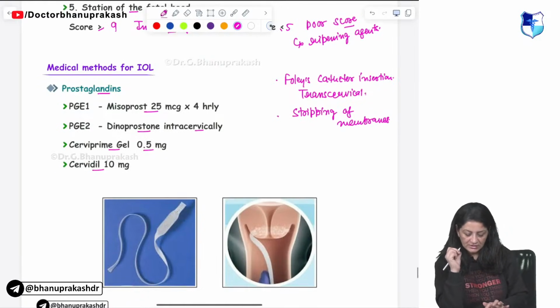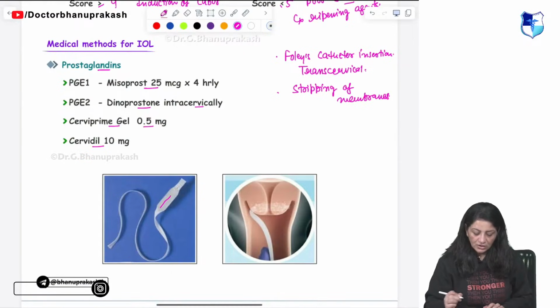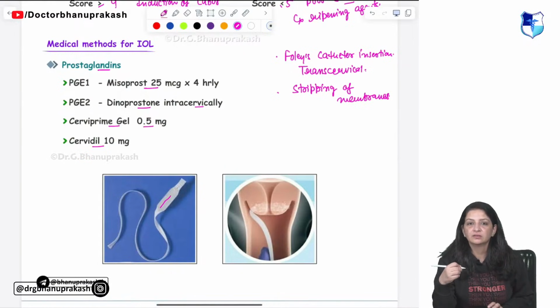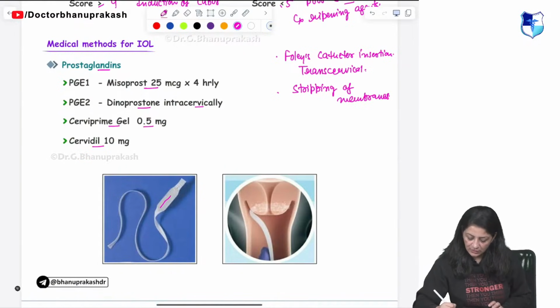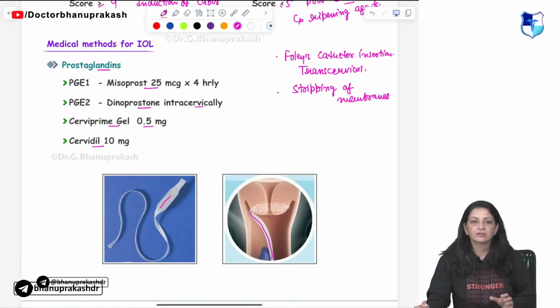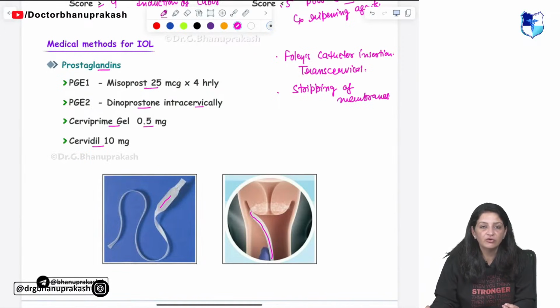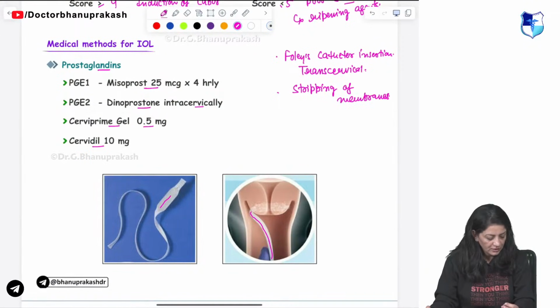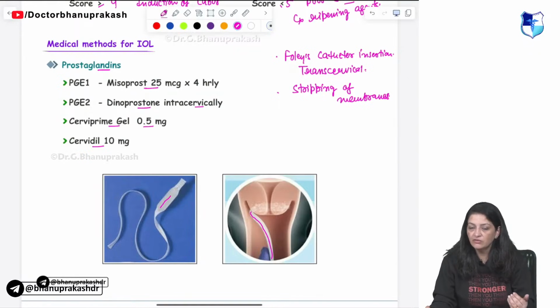So this is Cervidil. There is a slow release of the drug dinoprostone. Just place this Cervidil near the posterior fornix of the vagina for the induction of labor. So there is a slow release of the drug.